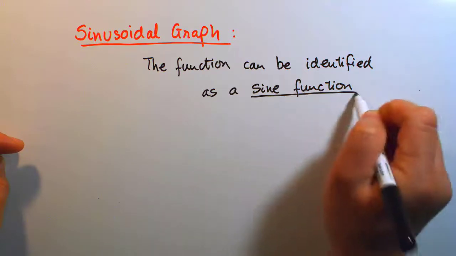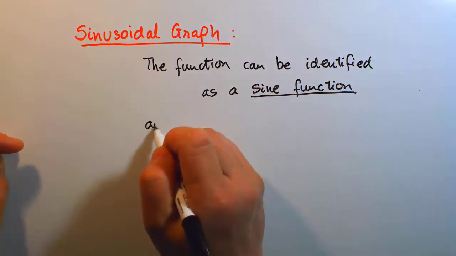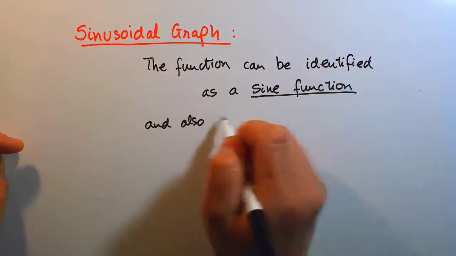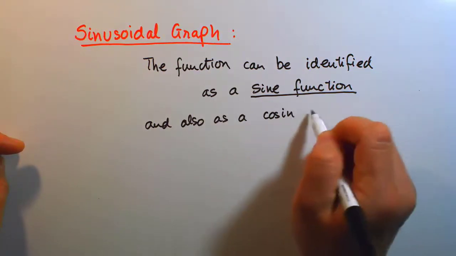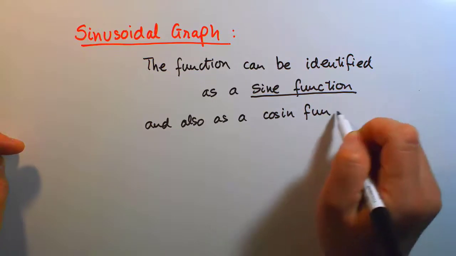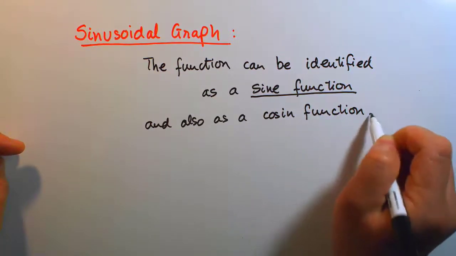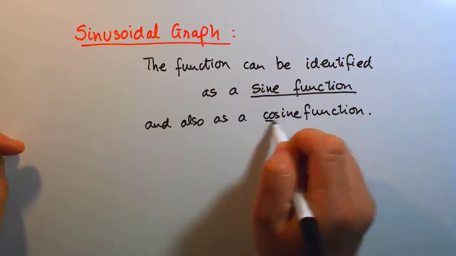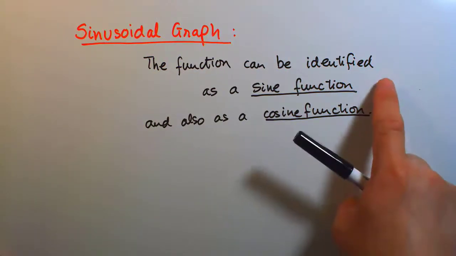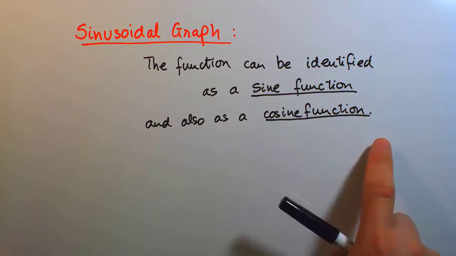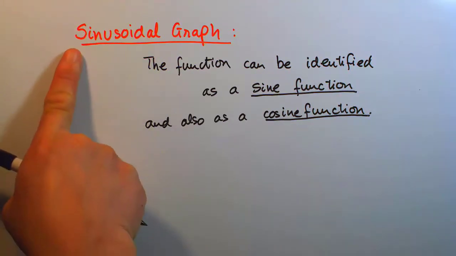Okay, that's one thing. And also a cosine function. So the bottom line is there are two different ways you can identify the function of one same sinusoidal graph.